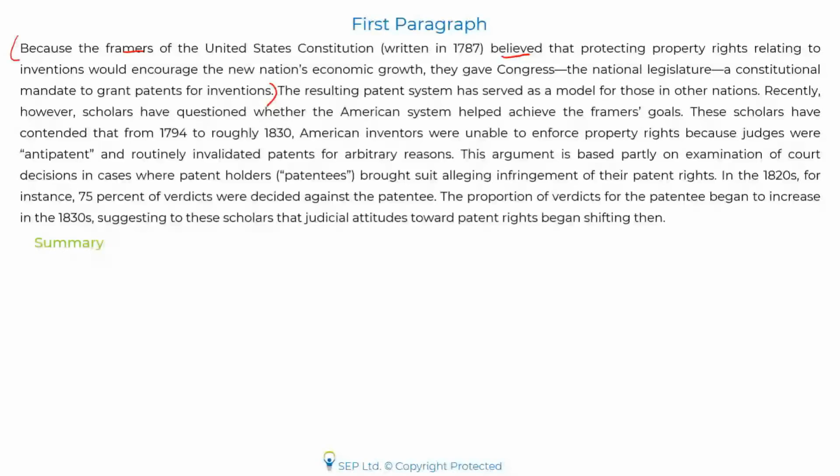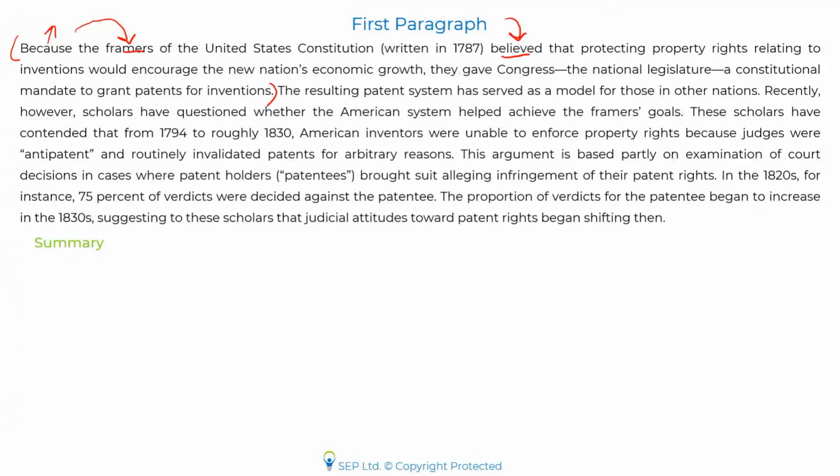All right, so because of this belief, I'm going to connect this. This is very important. This is a transition word. Because framers believed something, they did something. What did they do? We'll read that.